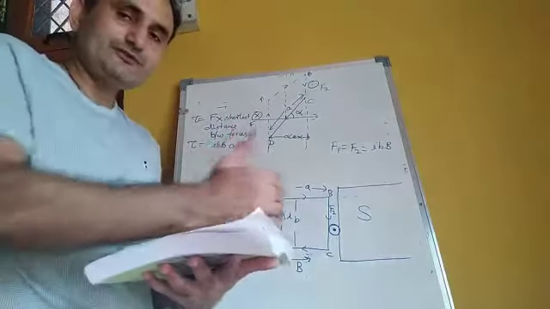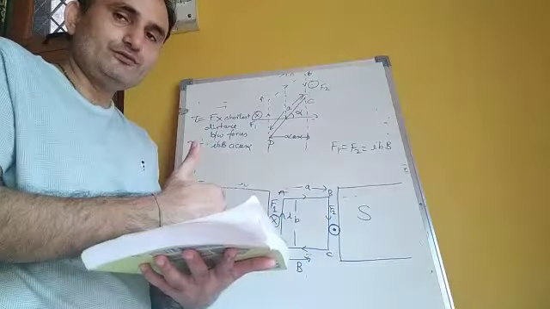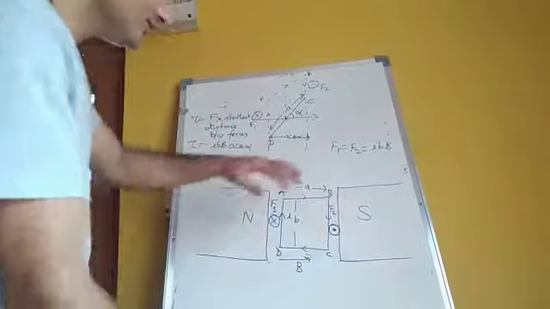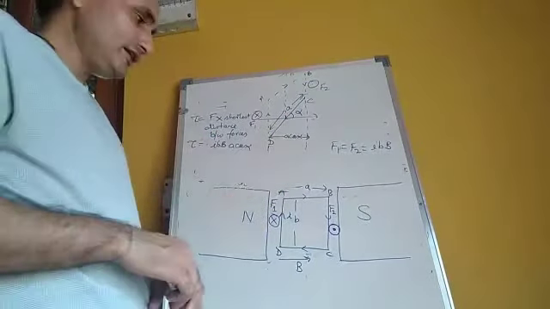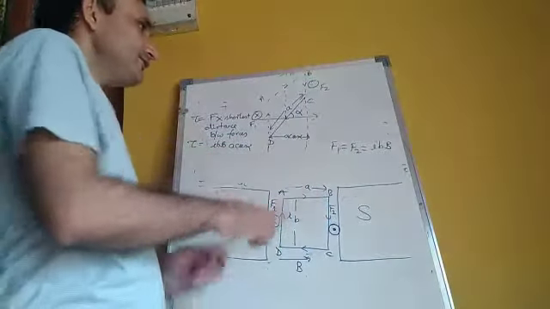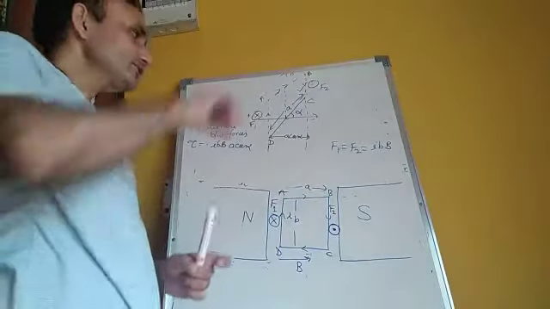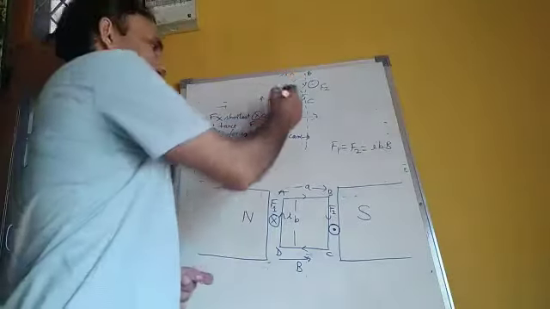In case of this, again we will take its normal. Because the current is moving like this, from A to B, the normal is in the inward direction.